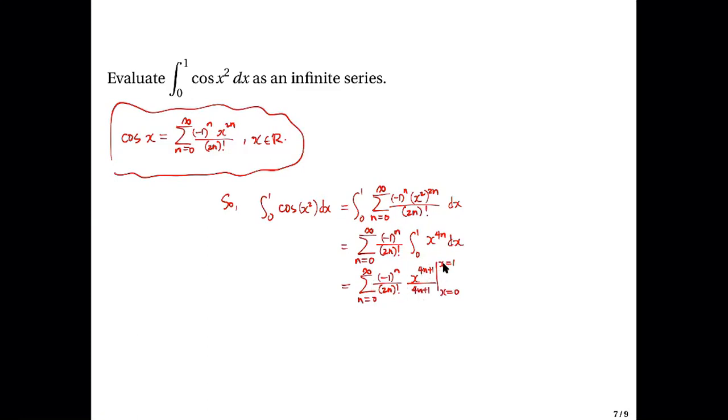We only have to evaluate at x equals 1. So when x equals 1, we now obtain the series sum from n equals 0 to plus infinity of negative 1 to the n over 2n factorial times 4n plus 1. So this is the integral from 0 to 1 of cosine x squared dx.